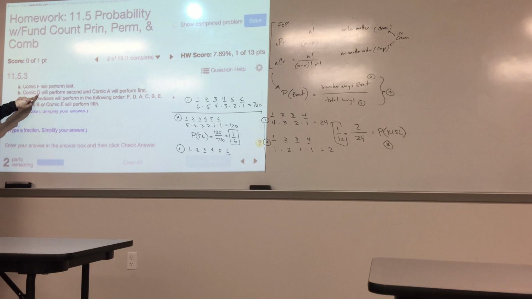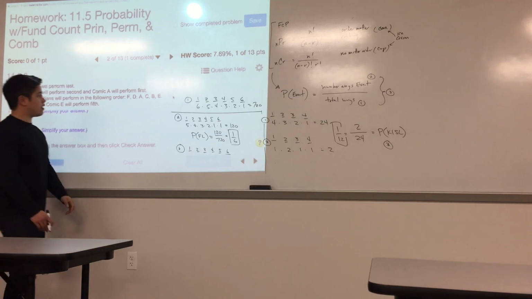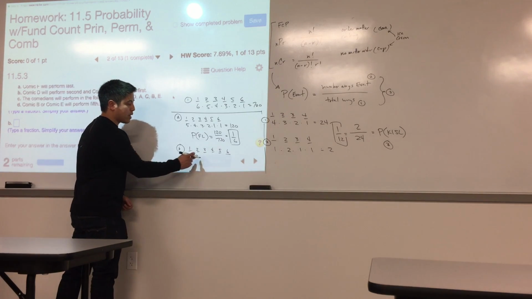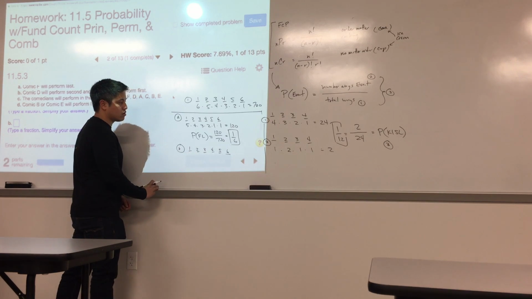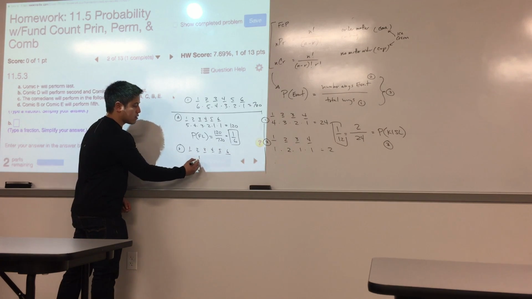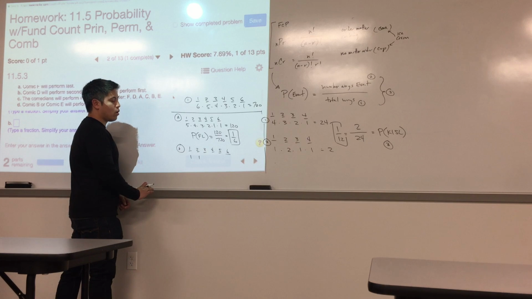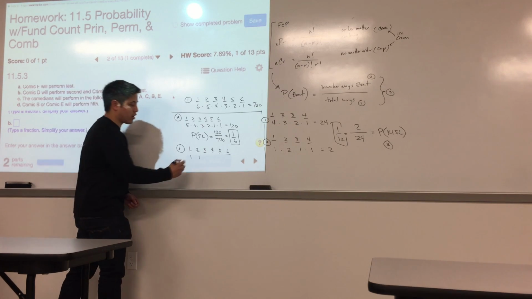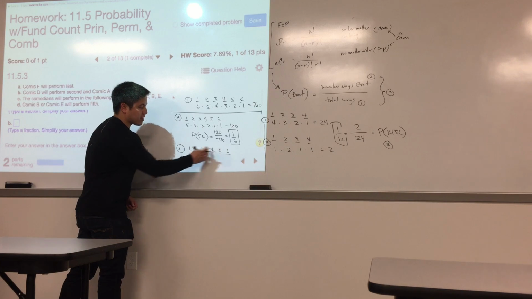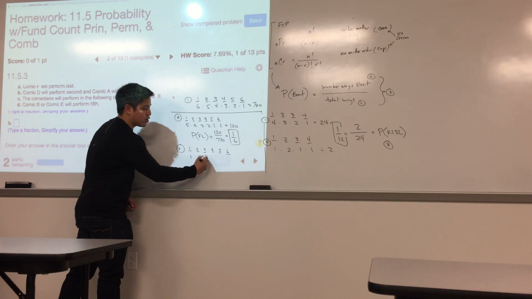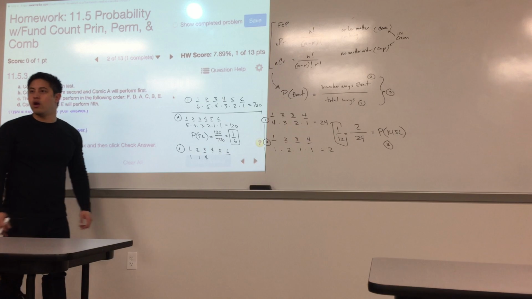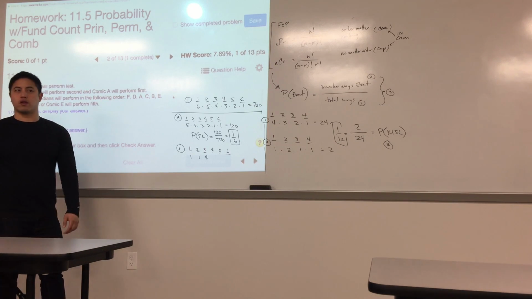So, comic D is second, comic A is first. What does that tell us about positions 2 and 1 right here? They're both 1s. Very good. What does that tell us about position 3? 4. There you go. 2 people are out of our 6-person pool. That means you only have 4 to select from when you start with position 3.